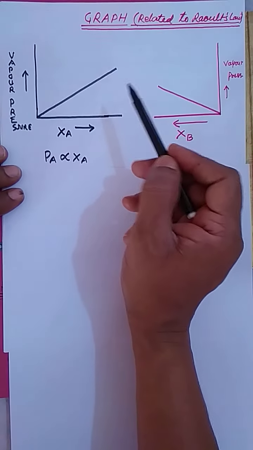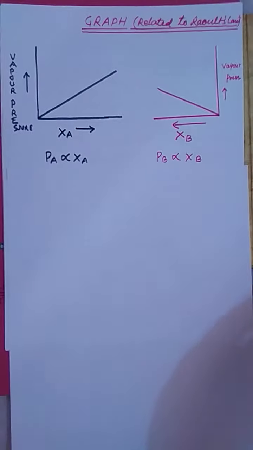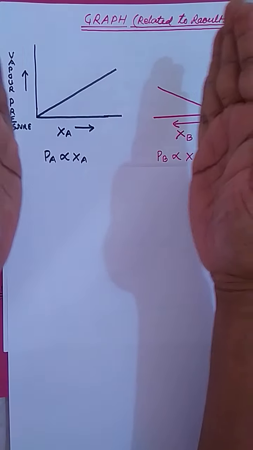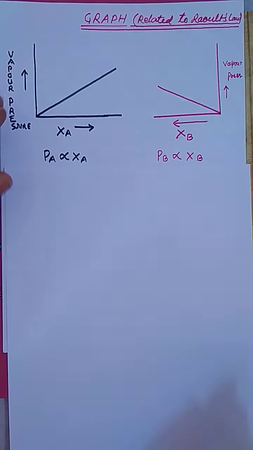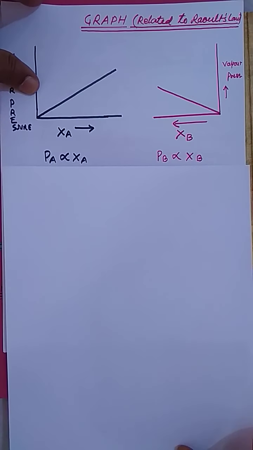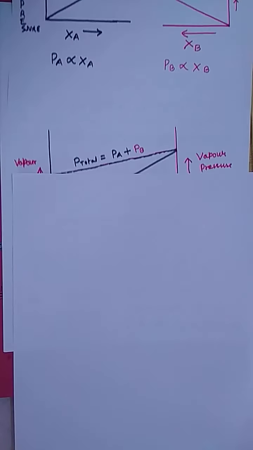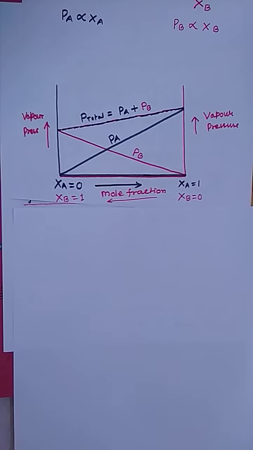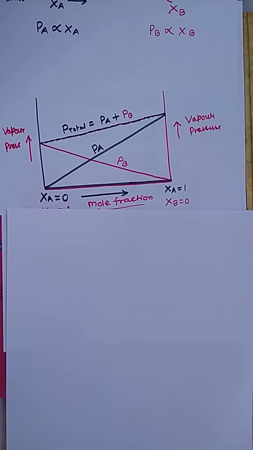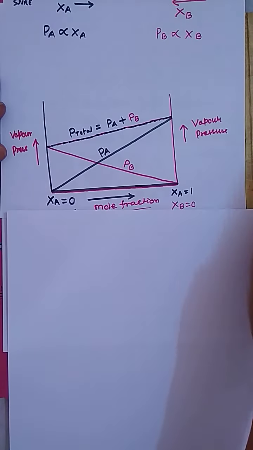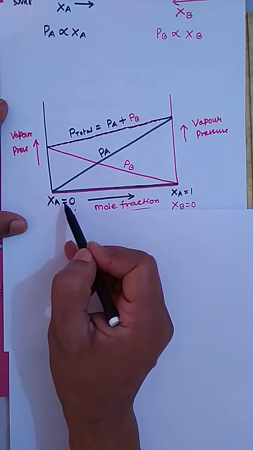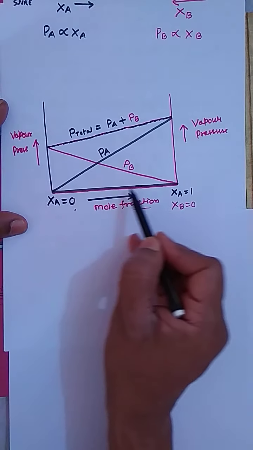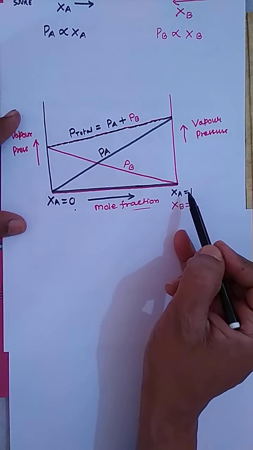Now friends, if we add these two graphs, it will come like that. Here the mole fraction of XA is 0, and the mole fraction of XA equals 1.